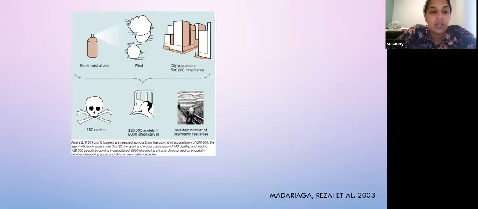If you were to take 50 kilograms of Coxiella burnetii and release it over a 2-kilometer radius with wind that was directed to a densely populated city of 500,000 inhabitants, it would spread to about 20 kilometers apart from where it was released, and it would result in 150 deaths, 125,000 acutely ill, and 9,000 chronically ill people, with an uncertain number of psychiatric casualties. So it's really quite a phenomenal achievement for this organism. And so it has been classified as this category B bioterrorist weapon.